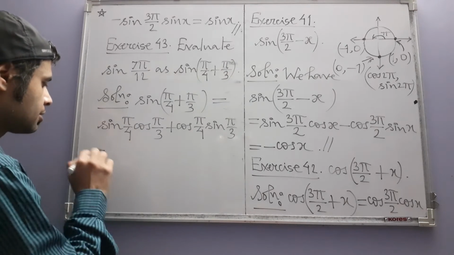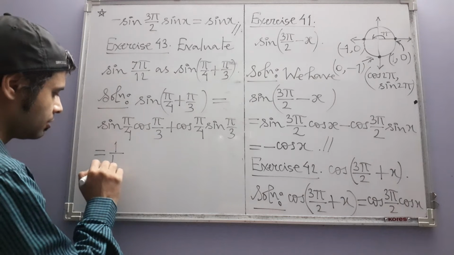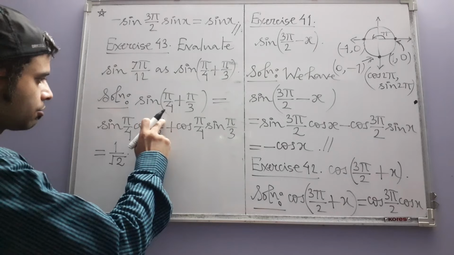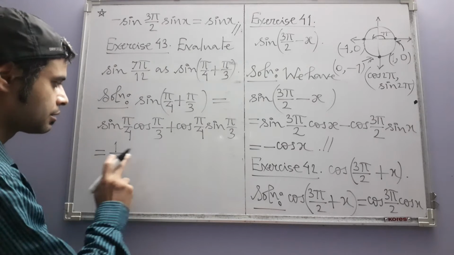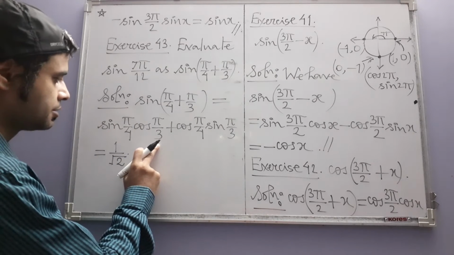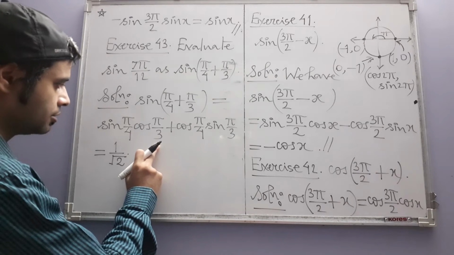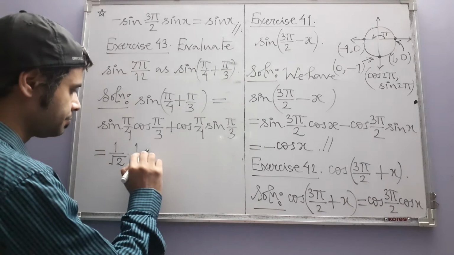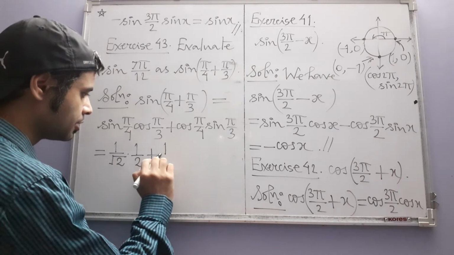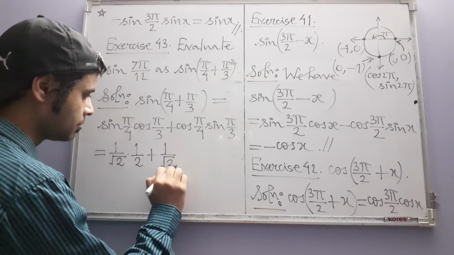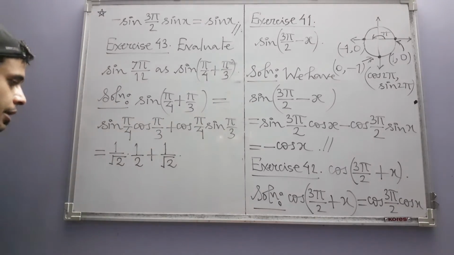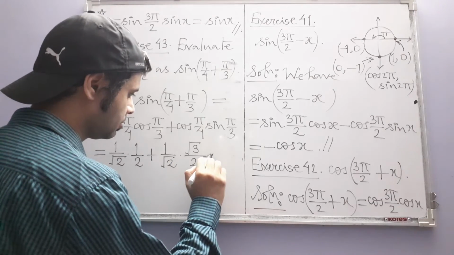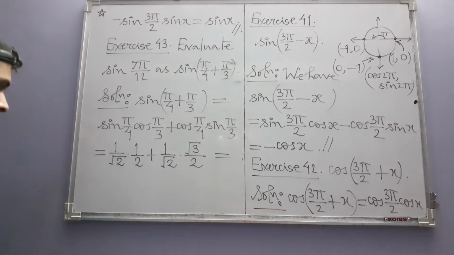For example, sin pi over 4 is 1 over root 2, and cos pi over 3, pi over 3 radians is equivalent to 60 degrees, and cos 60 degrees is 1 over 2. Cos pi over 4 is again 1 over root 2, and sin 60 degrees is root 3 over 2.